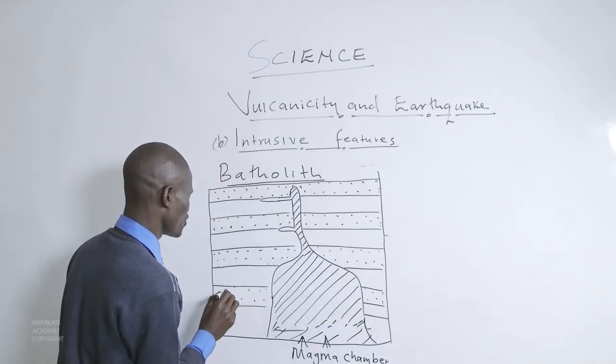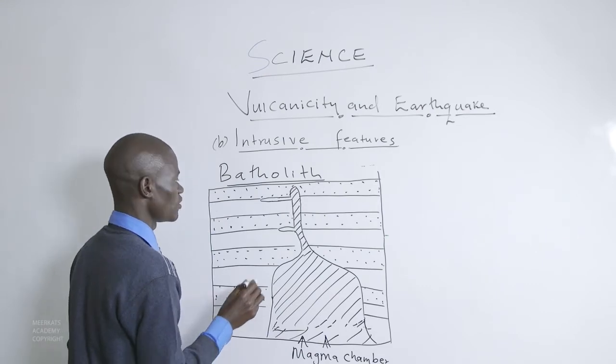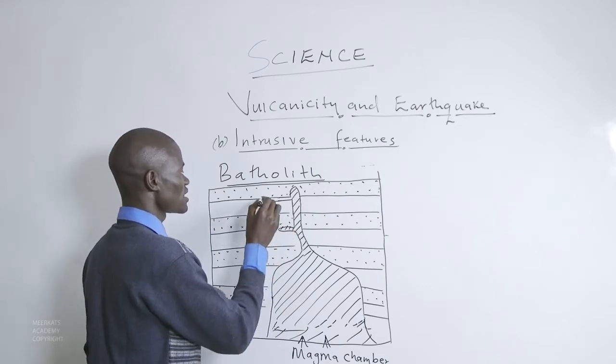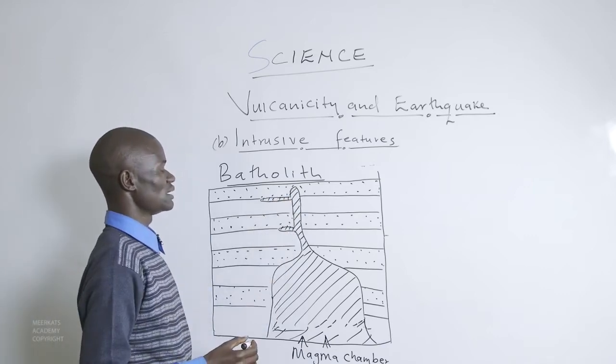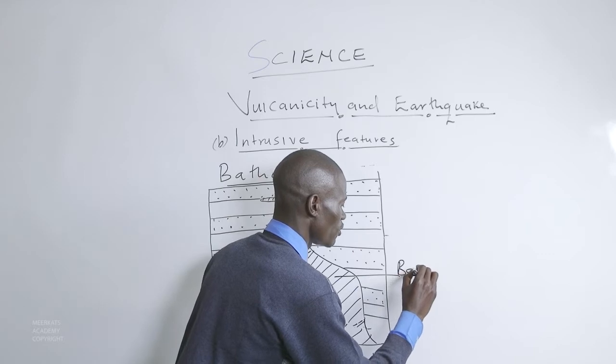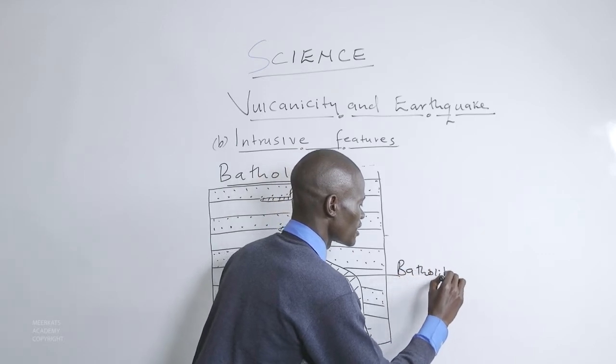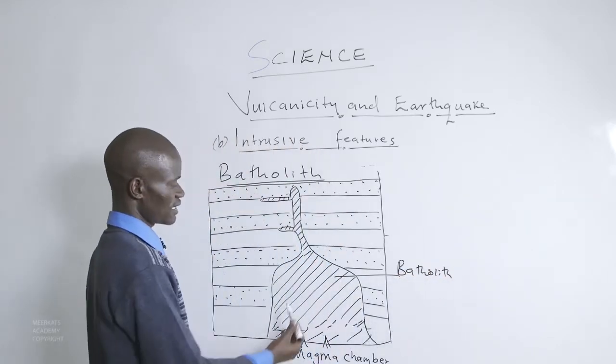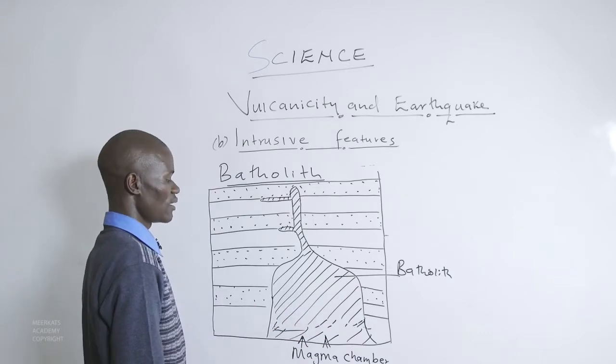This is a representation of the crustal layers of the bedding planes of the earth crust, and eventually leads to the formation of what we call the batholith. This is the batholith itself. This is how it looked.